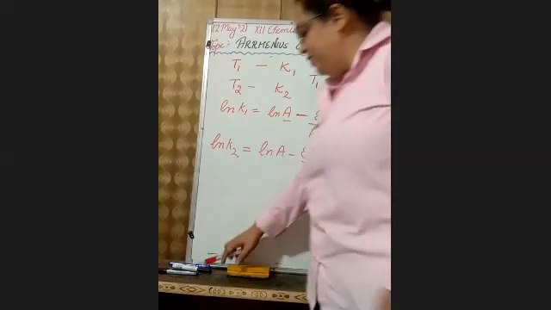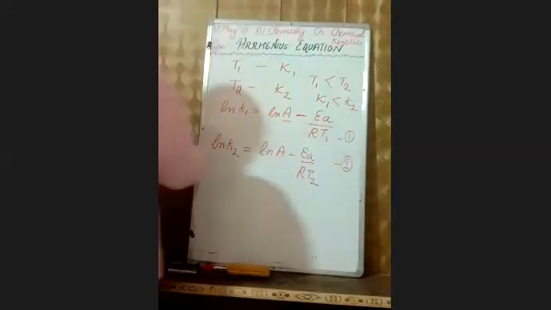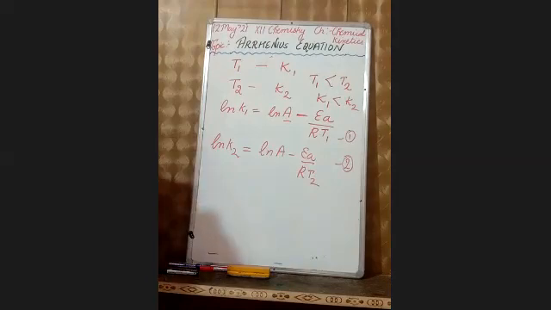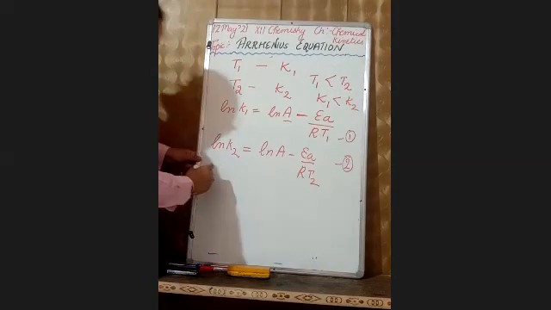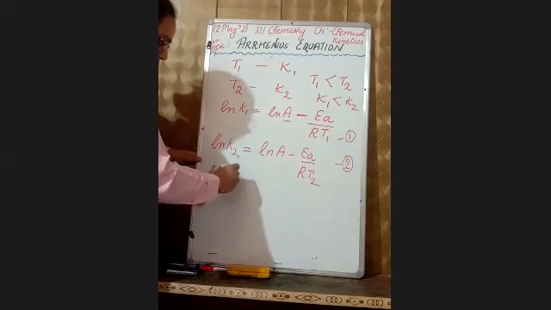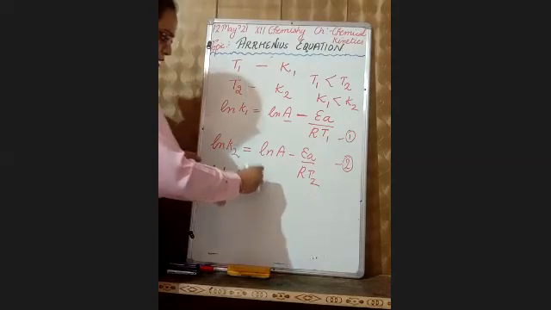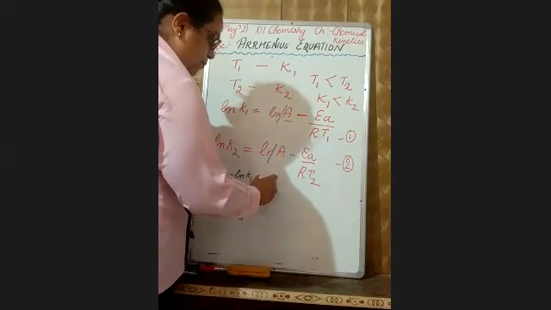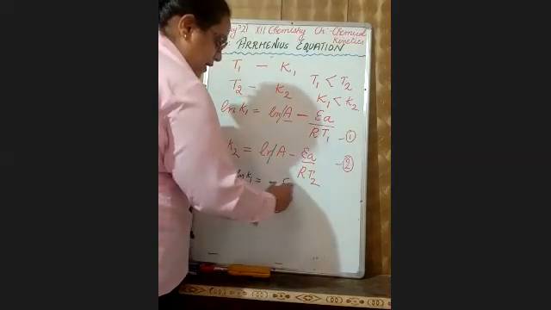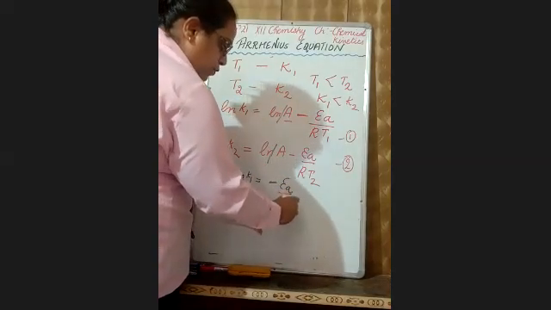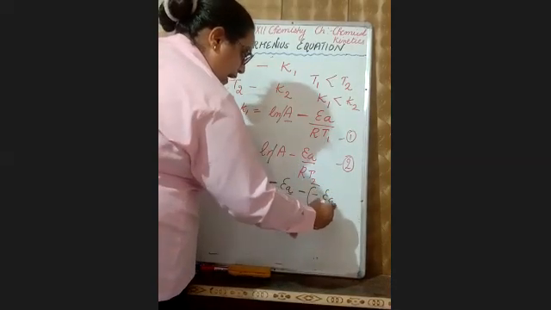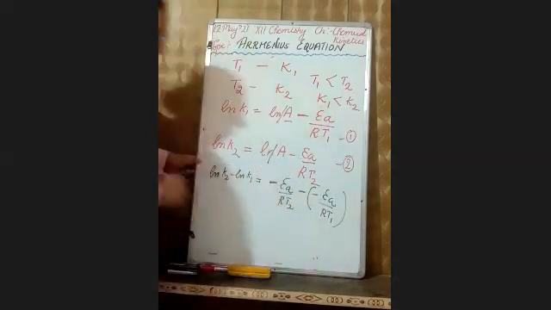Now subtract equation number 1 from 2. It will be how much? Write this. ln k2 minus ln k1. This ln A term will be cancelled. It is equal to minus Ea over RT2 minus of minus Ea over RT1.